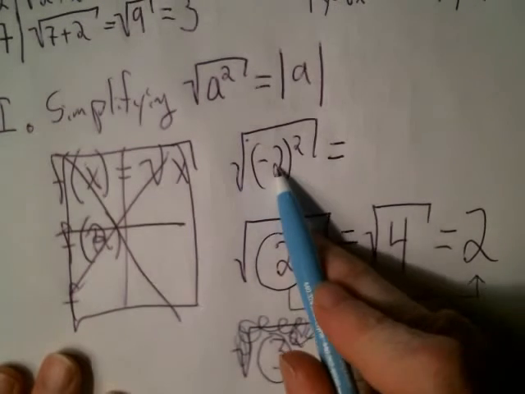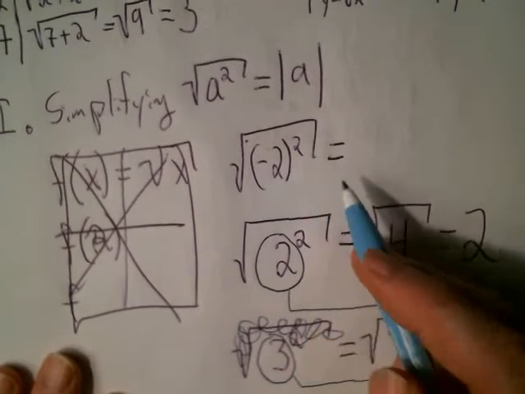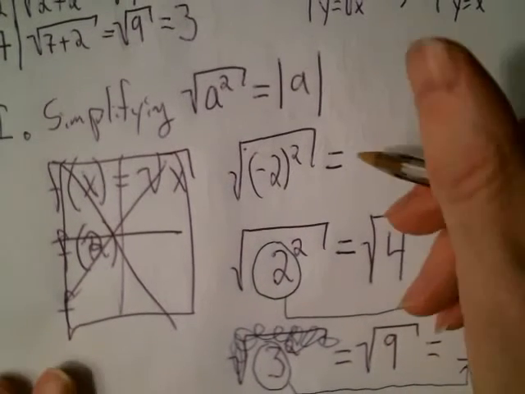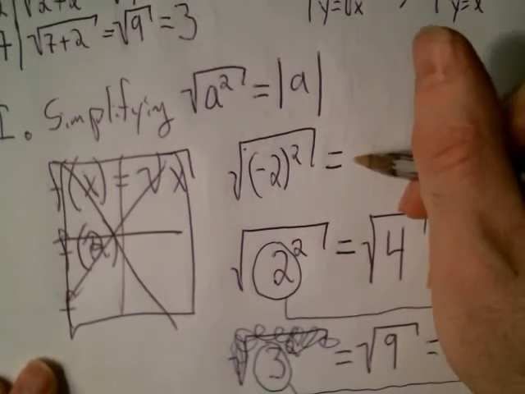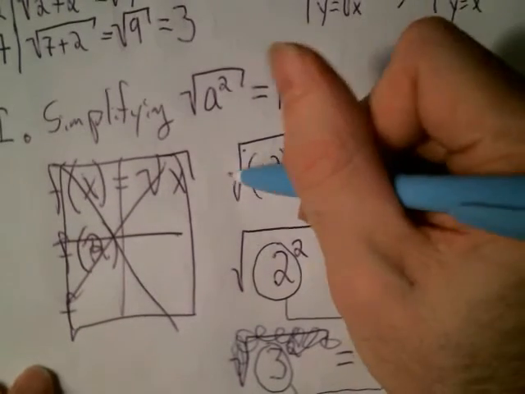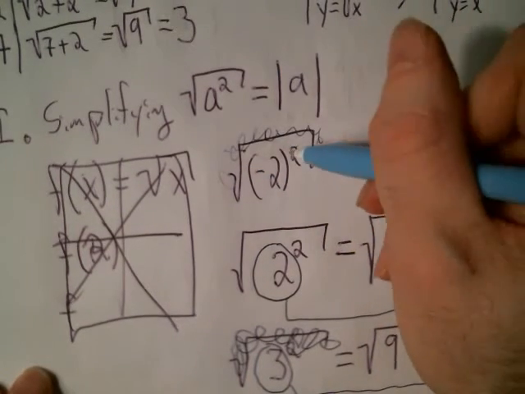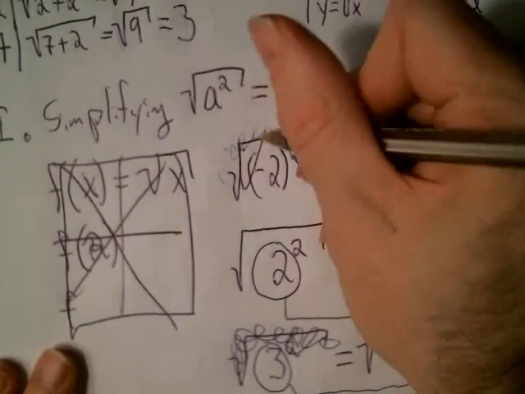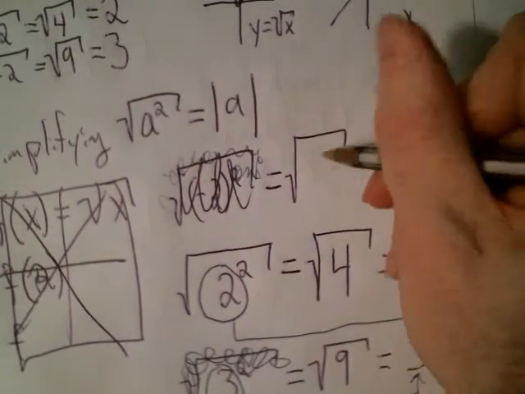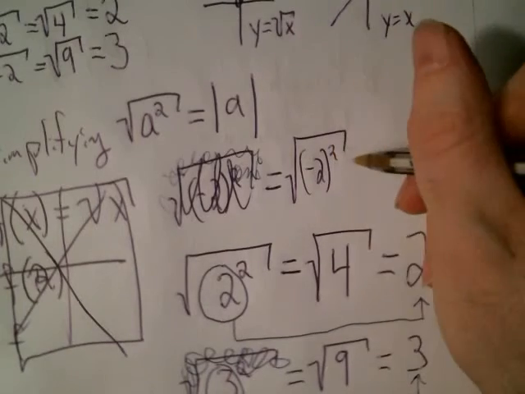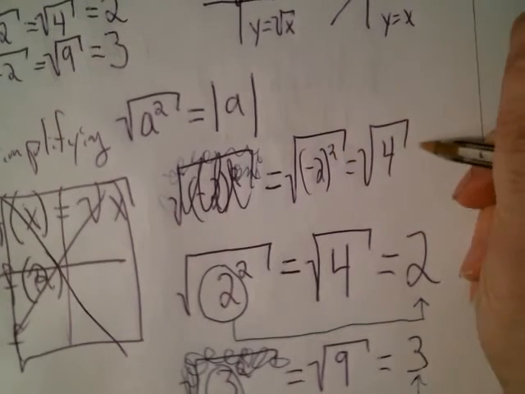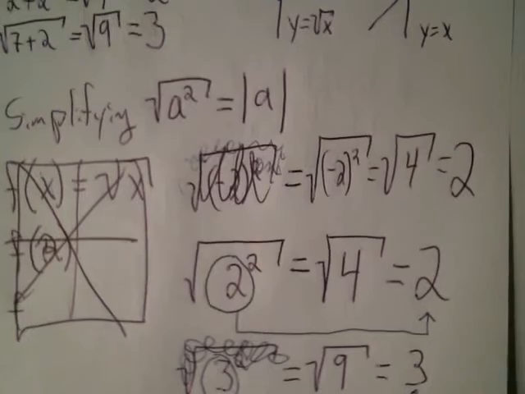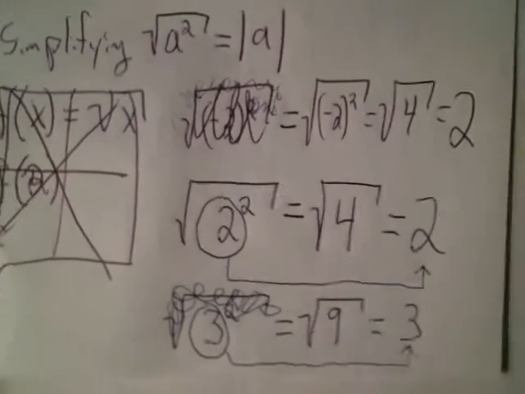If I put -2 in there and I square it, certainly it's not equal to -2 like the other cases. It's not a case where I can scribble out the square root and then scribble out the 2 and the answer is -2. No, it won't work that way, right? The square root of -2 squared is the square root of 4, which is 2. So you can't play that game.